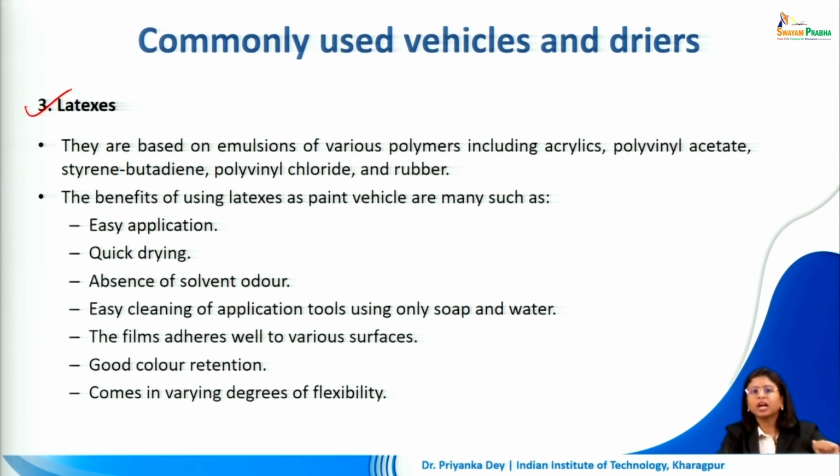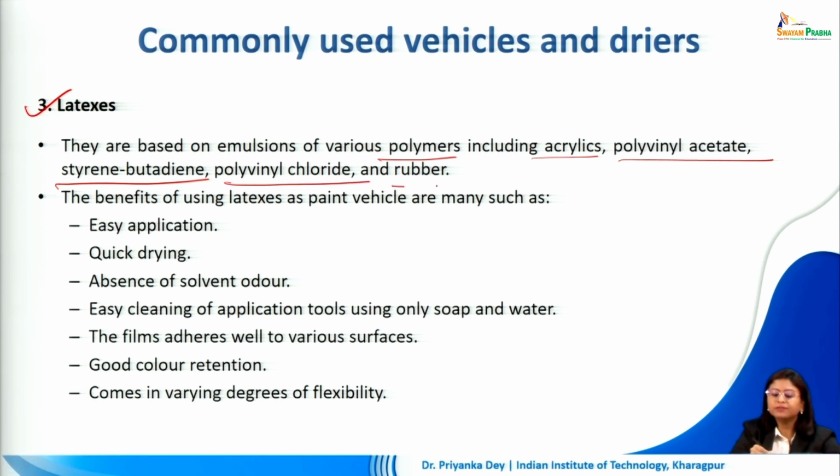Latexes are based on emulsions of various polymers. This includes acrylics, polyvinyl acetate, styrene butadiene, polyvinyl chloride, and even rubber. The benefits of using latexes as paint vehicle include easy application, quick drying, absence of solvent odor.